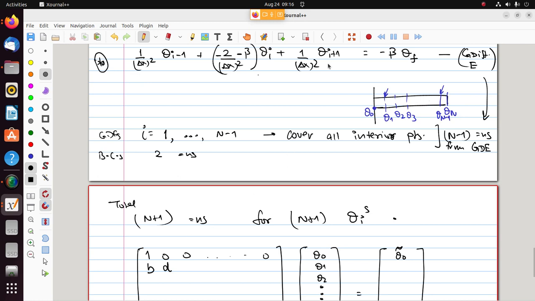The coefficient of theta 2 in this case is 1 upon delta x squared as well, but we will call this a, and then everything else is 0. On the right hand side we have minus beta times theta f. You can expand it and check that this is the governing difference equation written at the point x1.